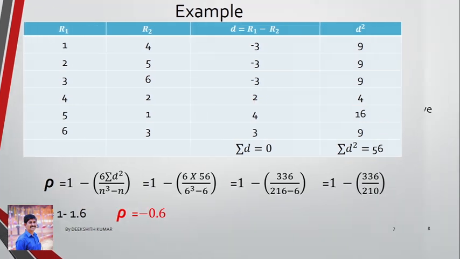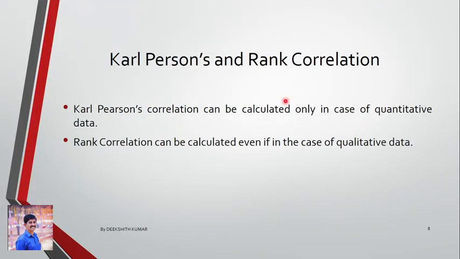So what is the difference between Karl Pearson's and rank correlation? Karl Pearson's coefficient of correlation is calculated only in the case of quantitative data, that means data which can be expressed in numerical terms. To calculate Karl Pearson's coefficient of correlation, we need numbers.